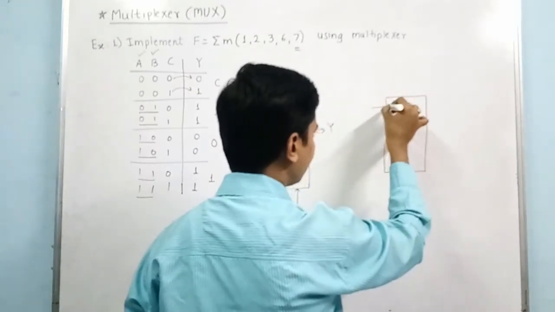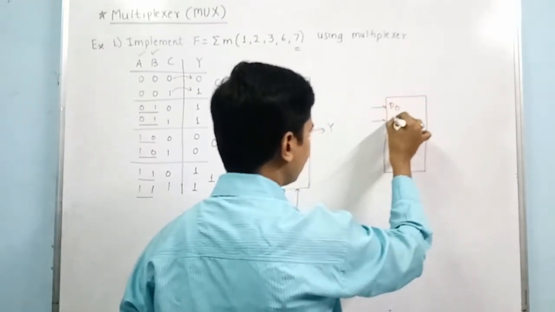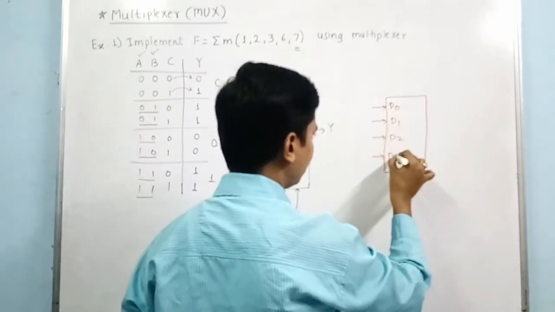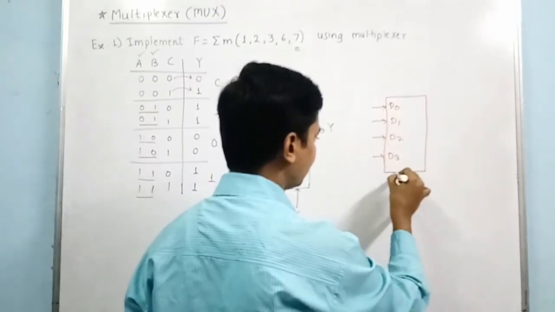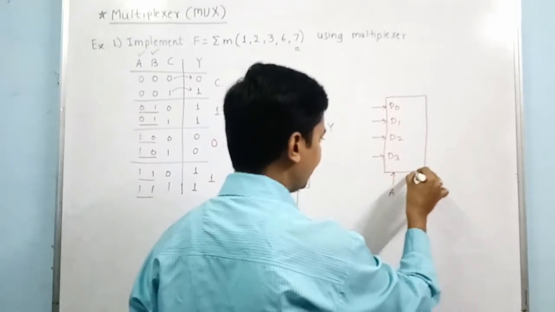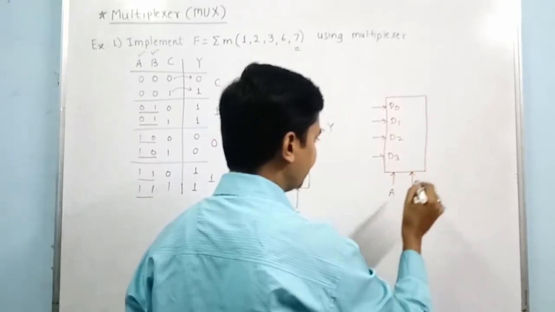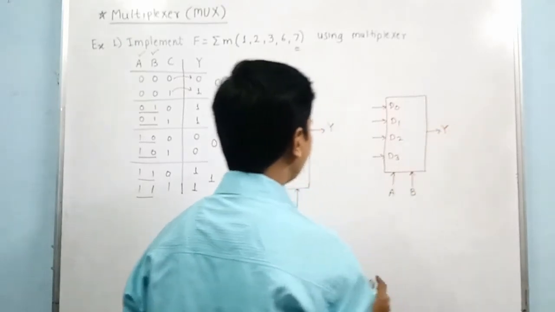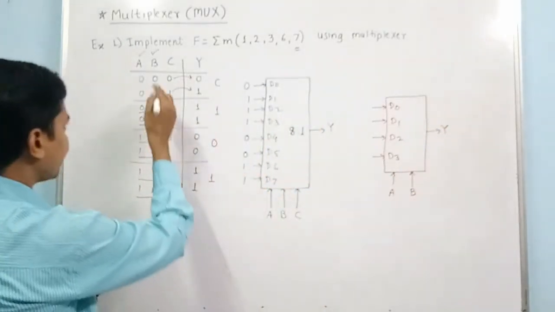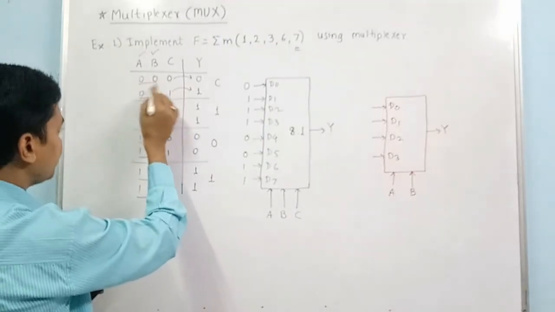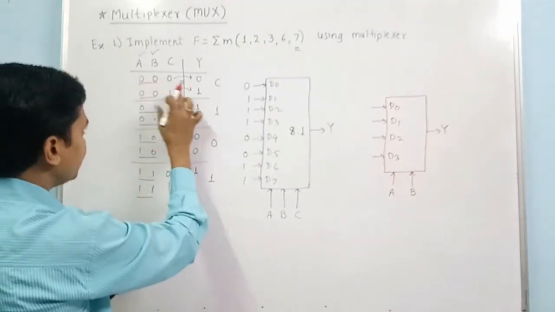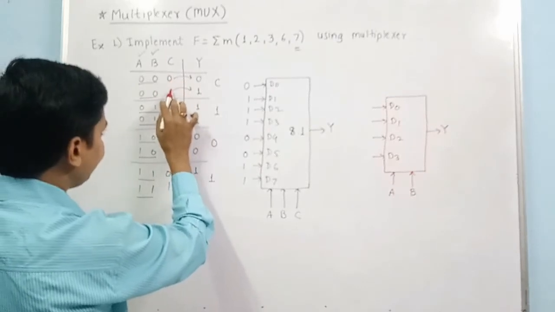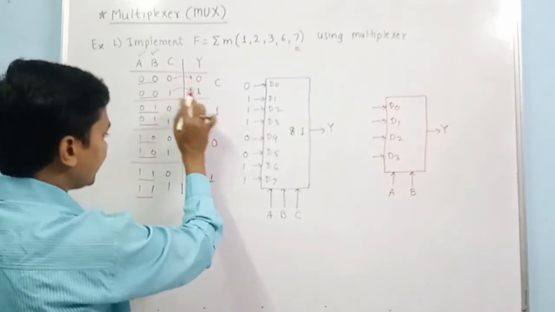So we are having D0, D1, D2 and D3 as an input. A is the MSB, B is the LSB. Okay, and output Y. Now we will see once again, when AB is equal to 0 0 combination, that time whatever the C value is given, that will be transferred at the output line.